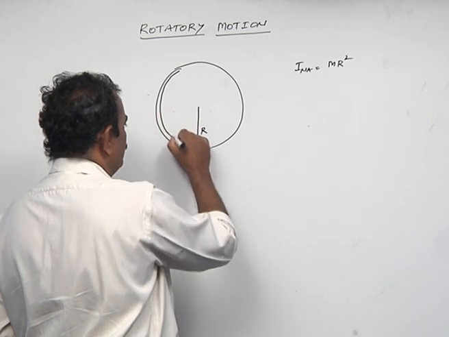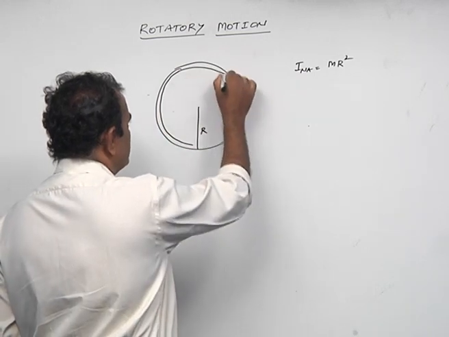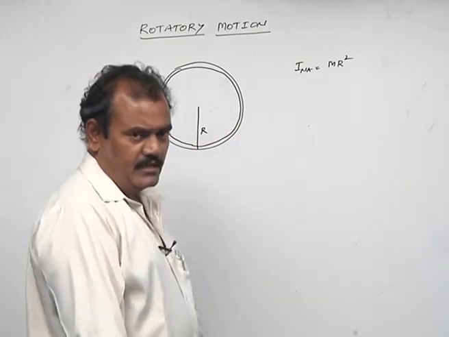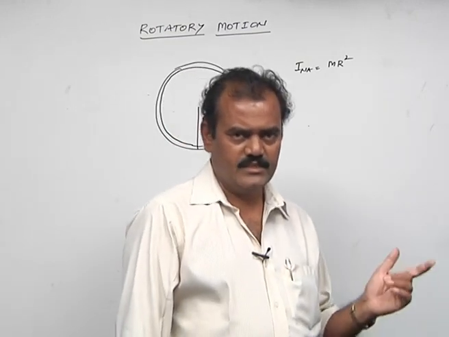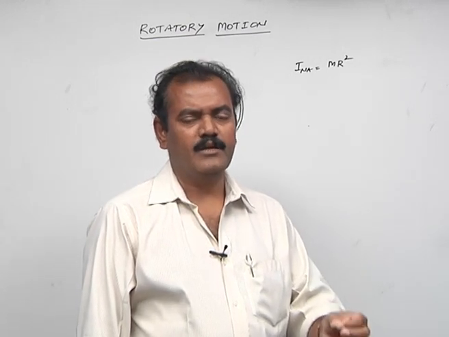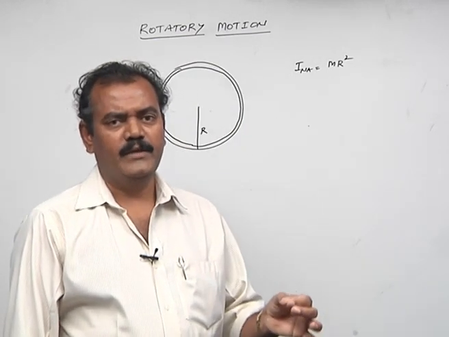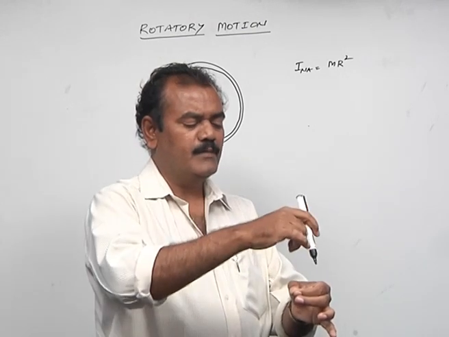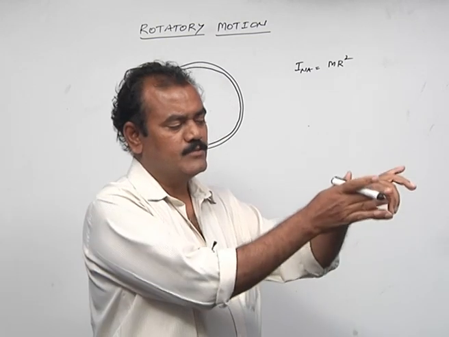And how do you define the natural axis in this case? The natural axis of a circular ring is an axis passing through the center and perpendicular to the plane of the ring. So passing through the center like this and perpendicular to the plane. This is considered the plane.